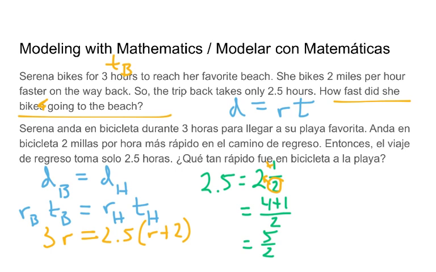So rewriting the equation, I have 3r is equal to 5/2 times the quantity of r plus 2. Like we did in a previous problem, I don't want to distribute that fraction, so I'll multiply both sides by the denominator of 2.